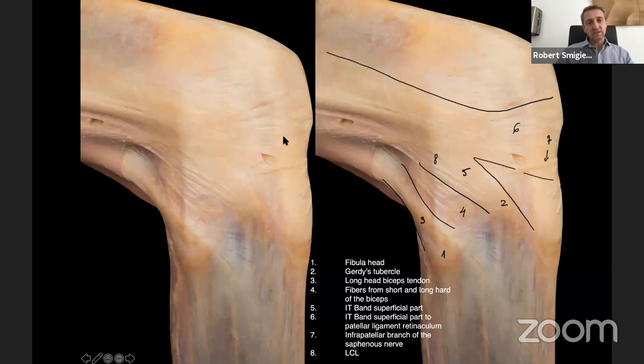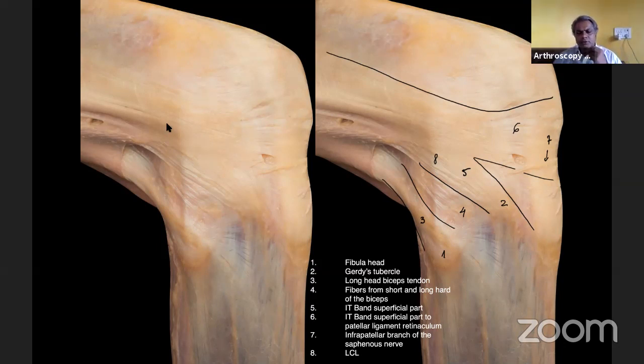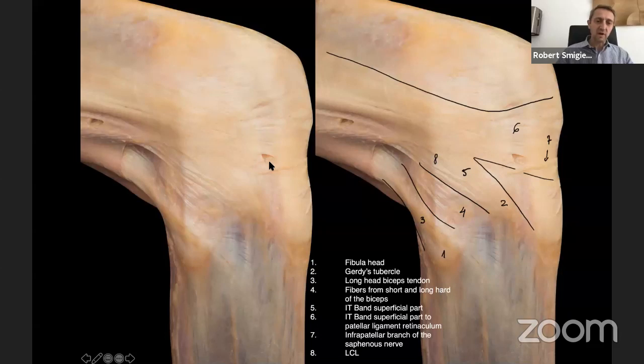But when I started putting my portal closer to the patellar tendon, I had no problem with bleeding on the lateral side. Probably you have also observed that sometimes there is pretty big bleeding from the anterolateral portal. This is because here we have the nerve branch, and parallel to the nerve there is a small artery going together with it. It's like a perforator, and this is exactly this area.